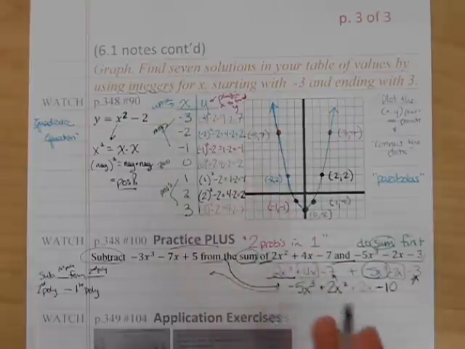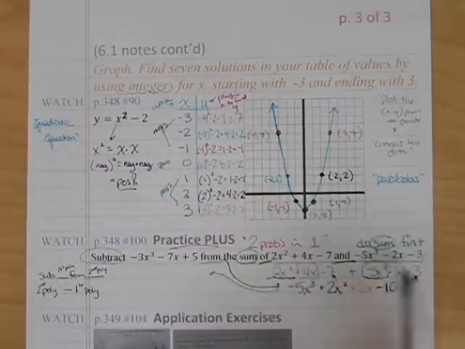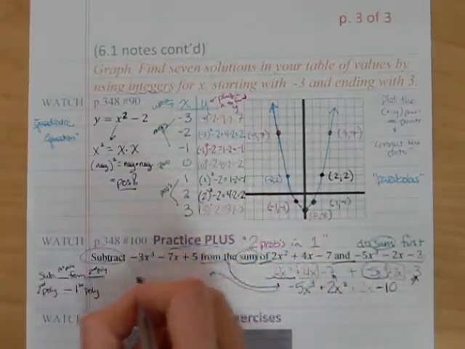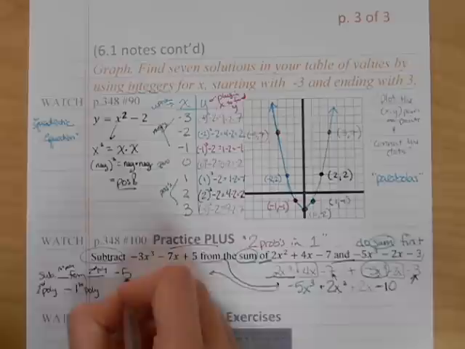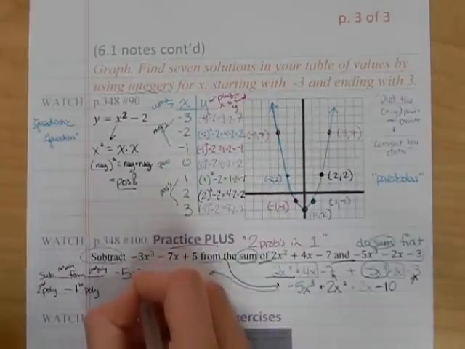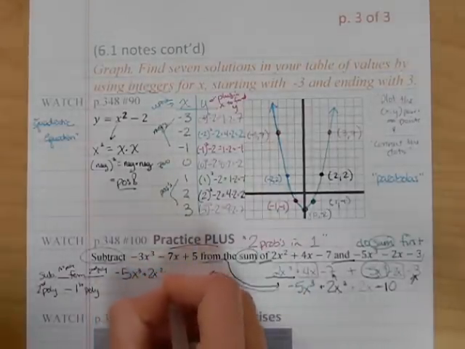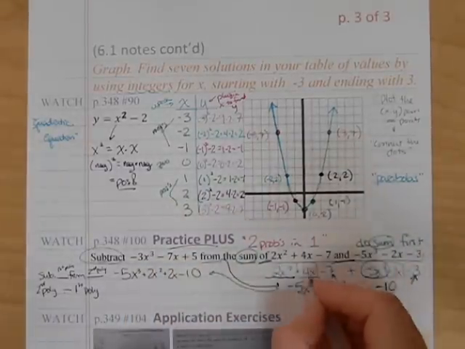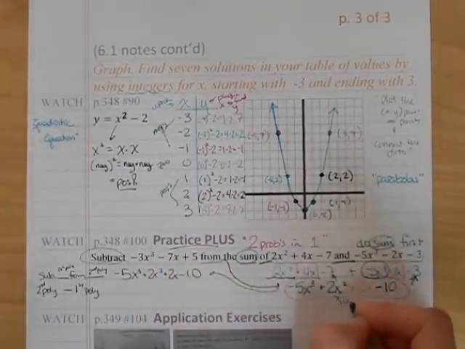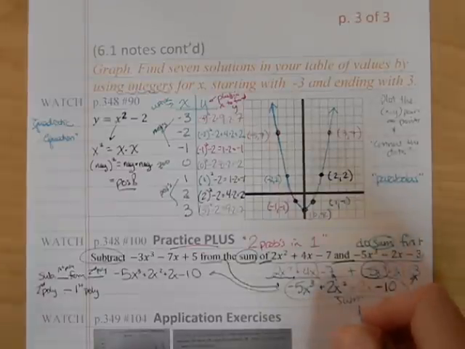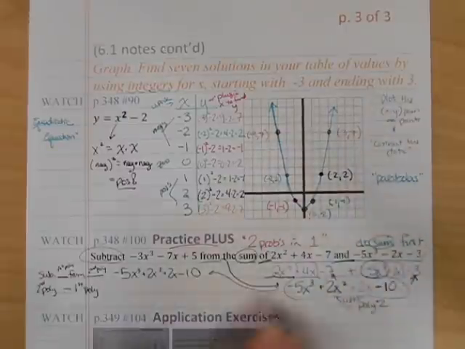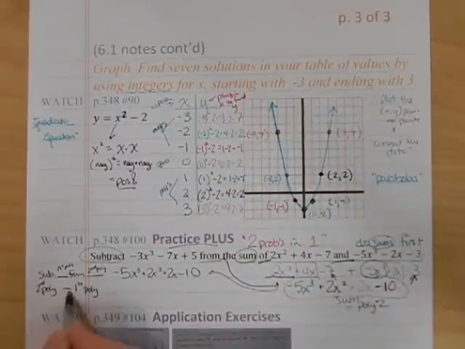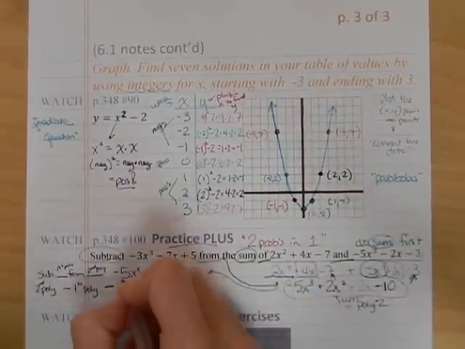If we were to now do vertical format, this is horizontal format that we did over here. Let's try vertical format here, where we've got the negative 5x cubed plus 2x squared plus 2x minus 10. So this is our sum. This represents the sum. It also is now our polynomial number 2, our second polynomial. So we're going to take that one minus the first one.